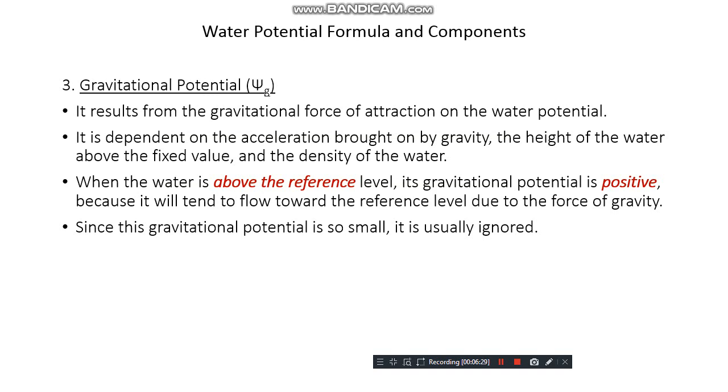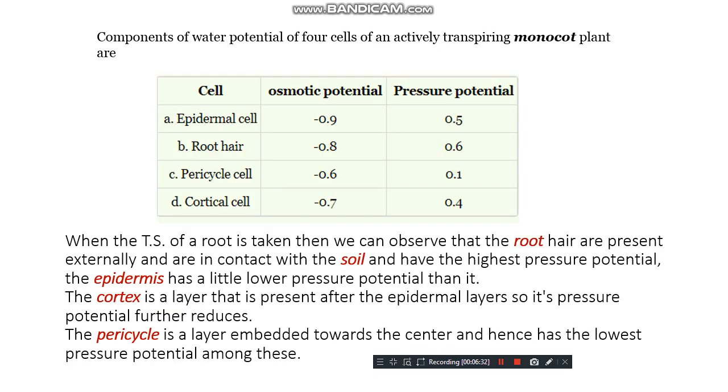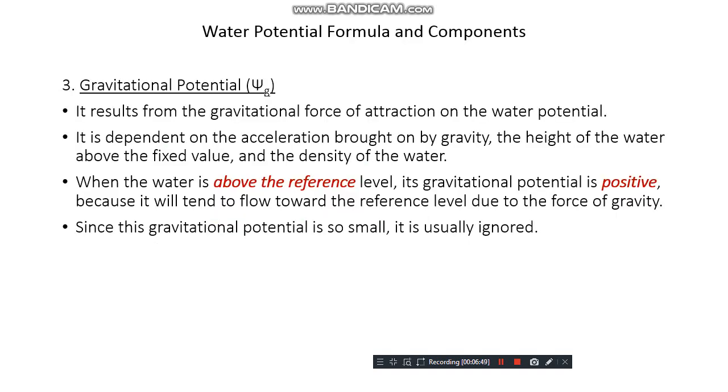So pressure potential is mostly positive, but when the water molecule goes through the xylem tissue from the root part to the shoot part of the plant, it's negative potential. Otherwise, it's positive. Gravitational potential is also one of the components of water potential.